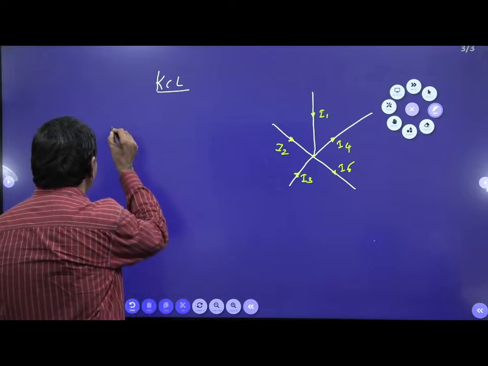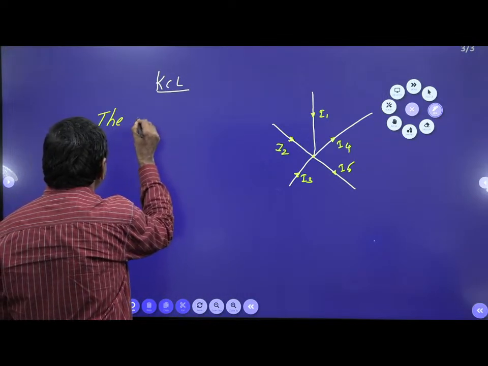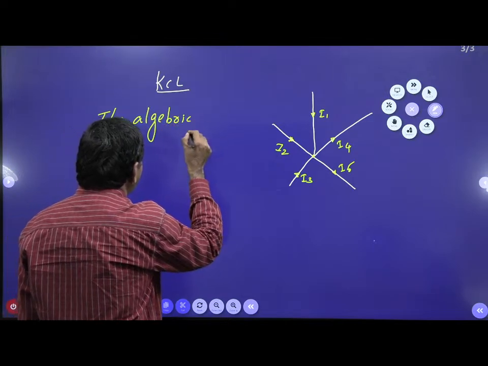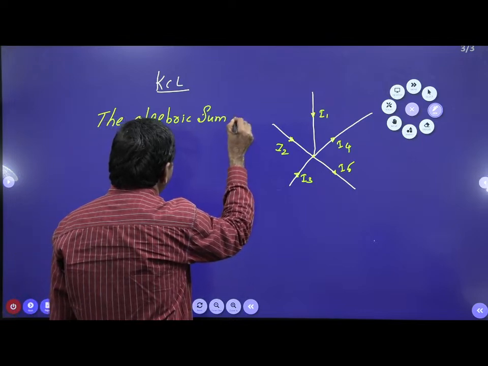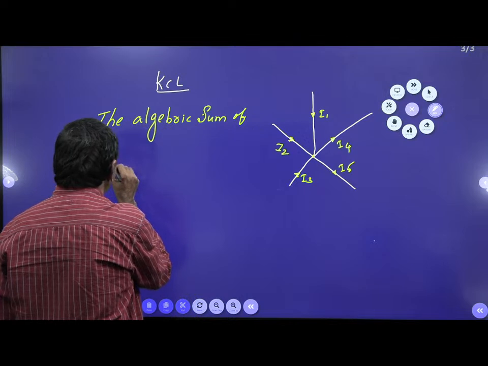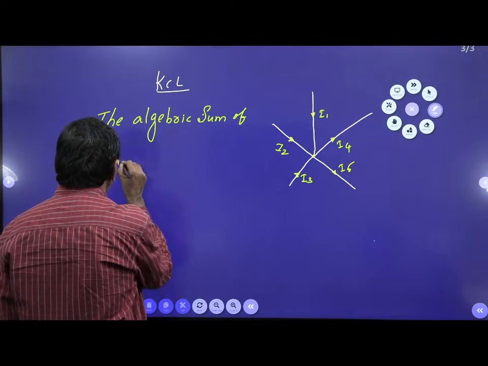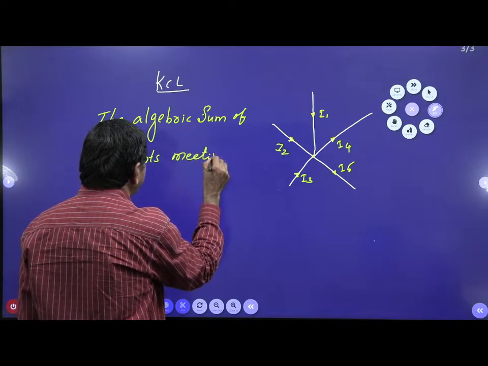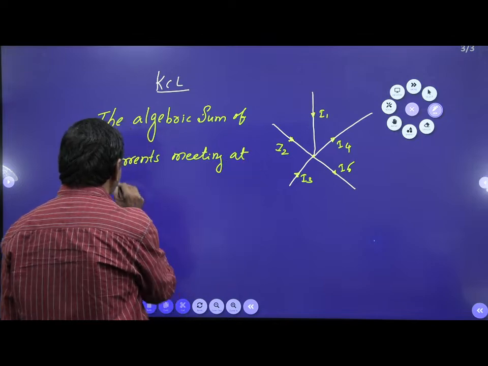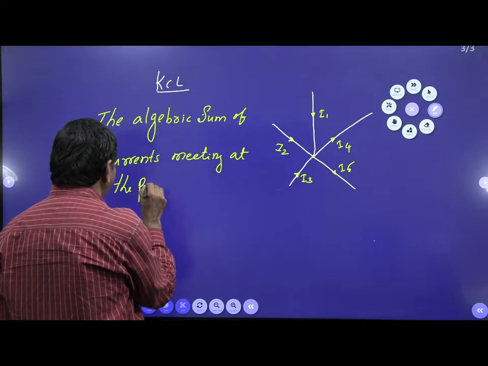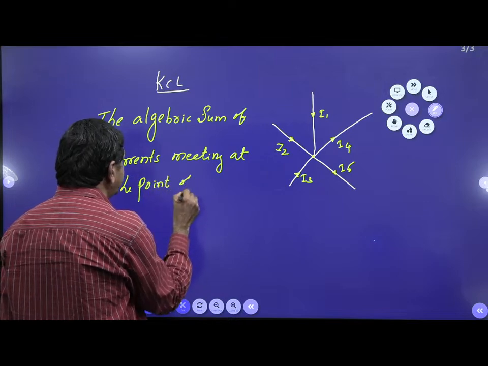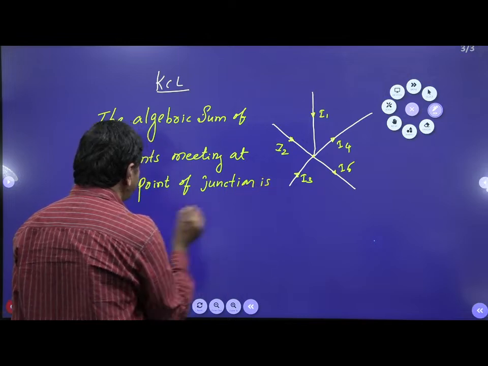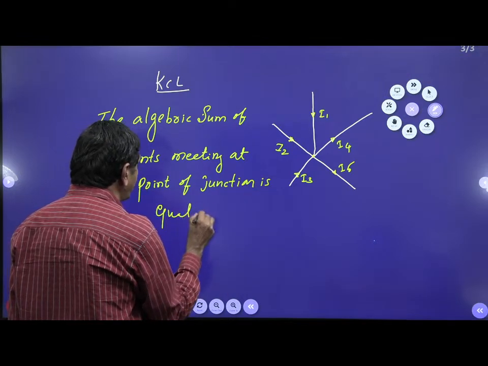KCL says the algebraic sum of currents meeting at the point of junction is equal to 0.